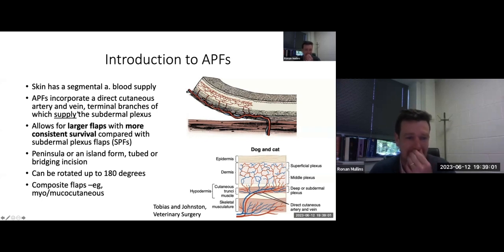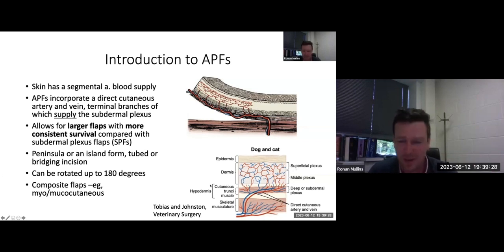So this means that they can be of a larger size in comparison, for example, to subdermal plexus flaps. These direct cutaneous arteries will arborize and feed 3 plexi. So we have the deep subdermal or subcutaneous plexus, we have the middle or cutaneous plexus, and then the superficial plexus or subpapillary plexus, as it is called.